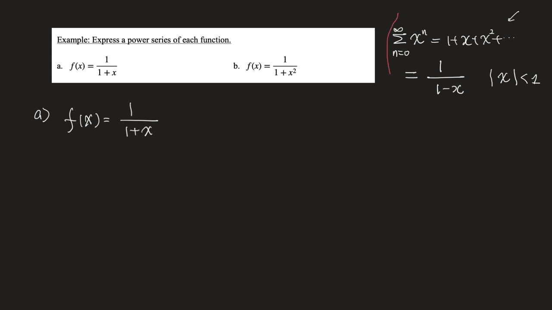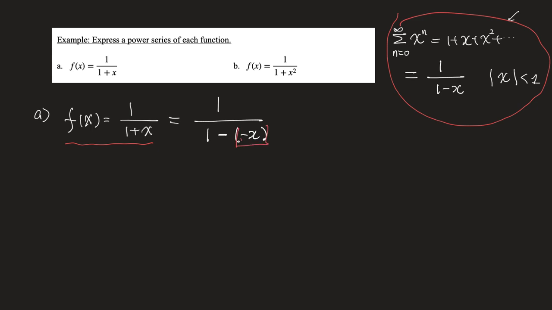So we want to use the geometric power series to find the power series for this function. You manipulate a little bit: here is a negative, negative x, to make it match. We're going to replace x with negative x.